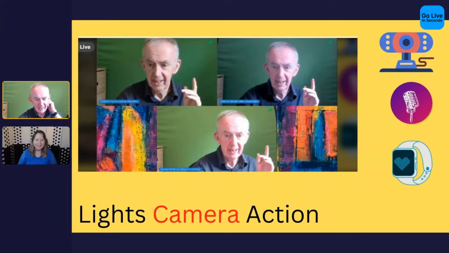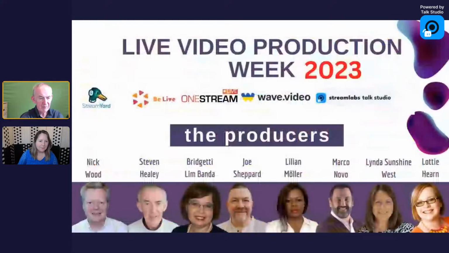Throughout these broadcasts on Live Video Production Week, we've been able to experiment and just try things. We know how to use systems, but what we're actually doing is making mistakes on purpose. That's what I'm telling myself anyway. But the thing about live video is it's never going to be perfect, is it?